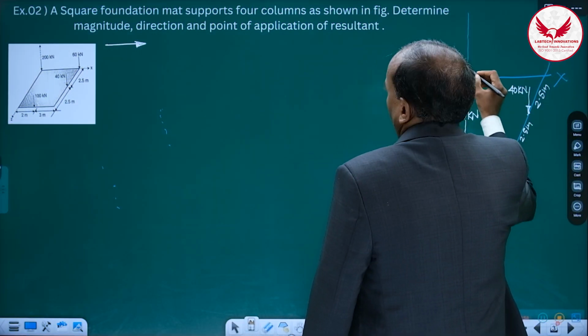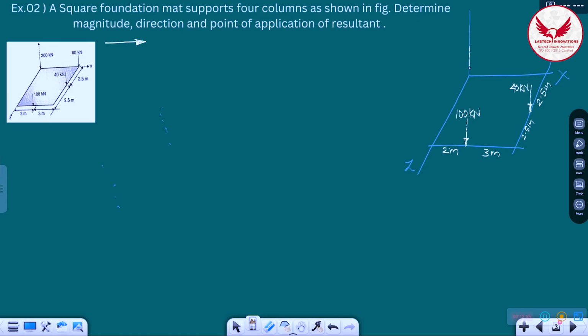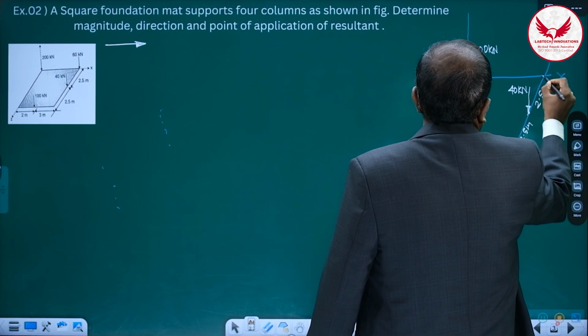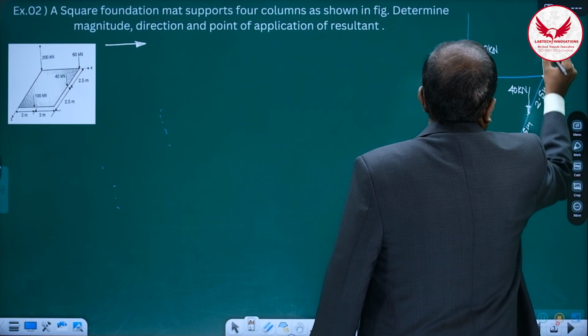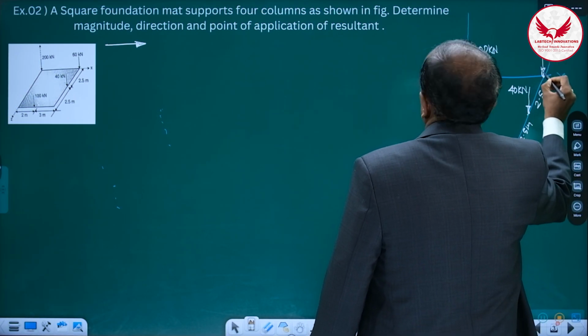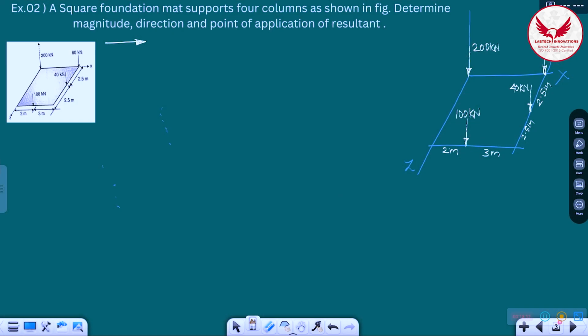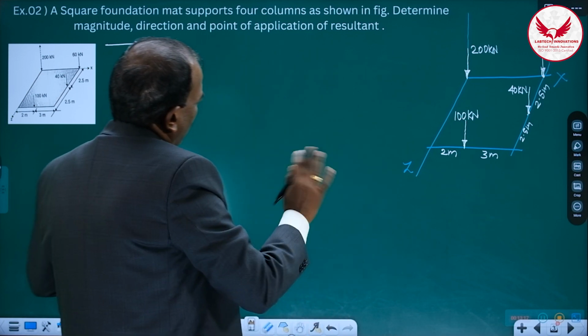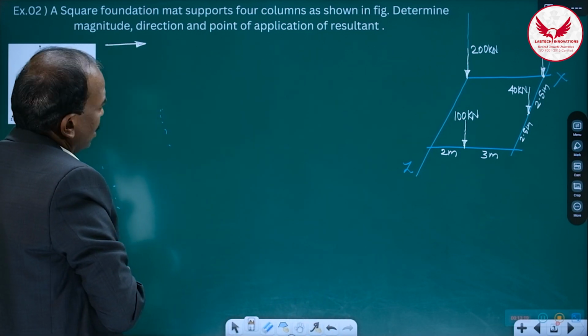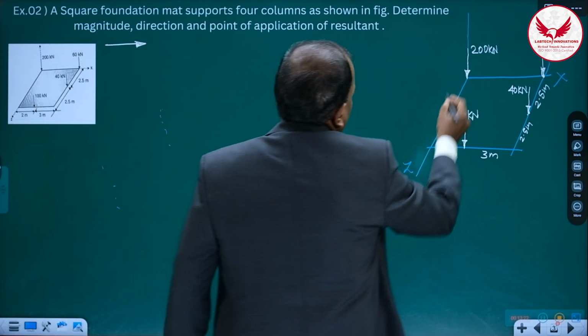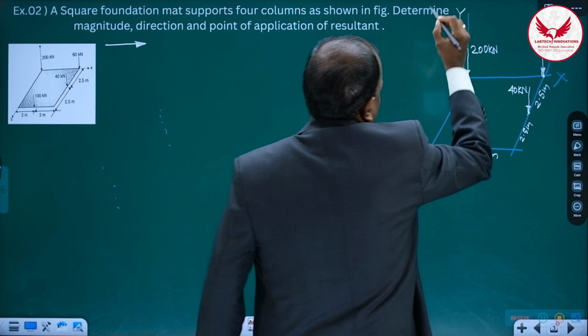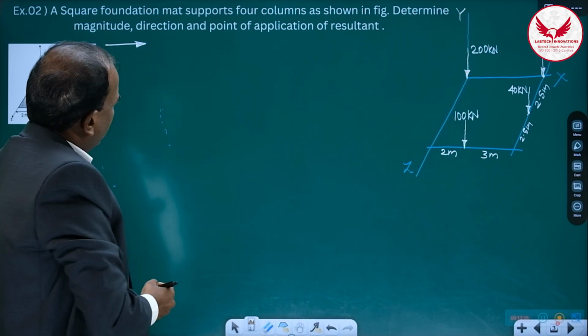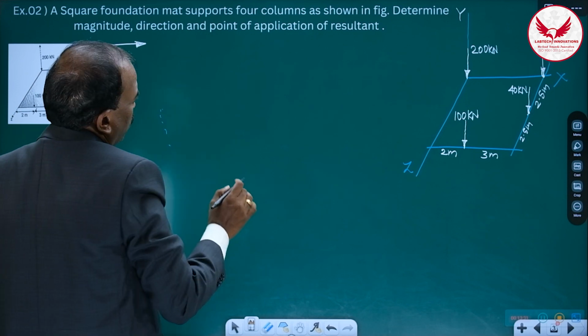It's 40 kilonewton. Then at the origin, it is 200 kilonewton. And at this corner, again vertically downward, it's 60 kilonewton. So I have drawn the figure because we have to locate the resultant. X, Z, and it is going to be the y-axis. Then what are we supposed to do?